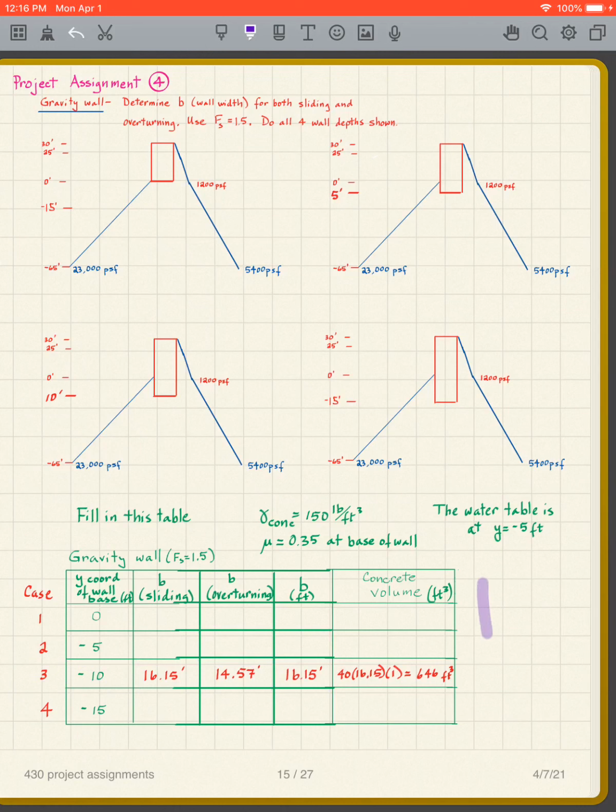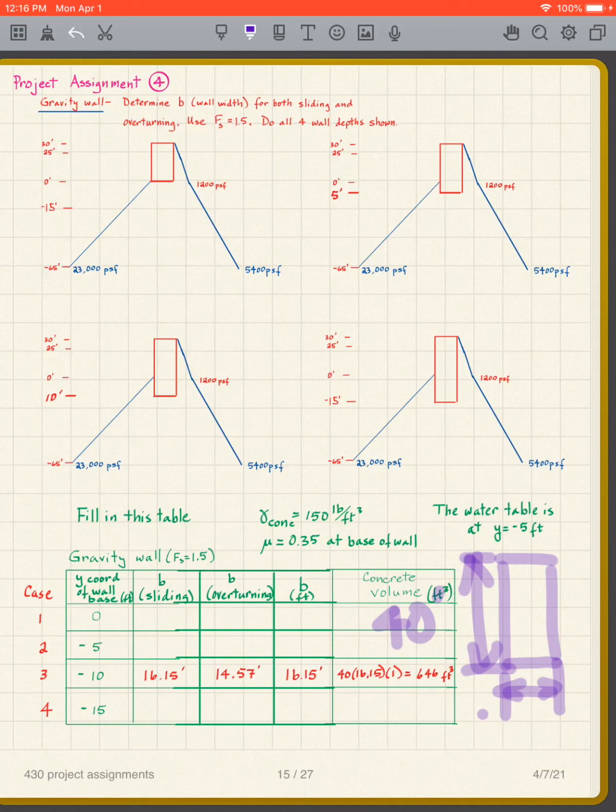So my wall for case 3 is 40 feet, and this distance is 16.15 feet. And we're taking 1 foot perpendicular to the paper.